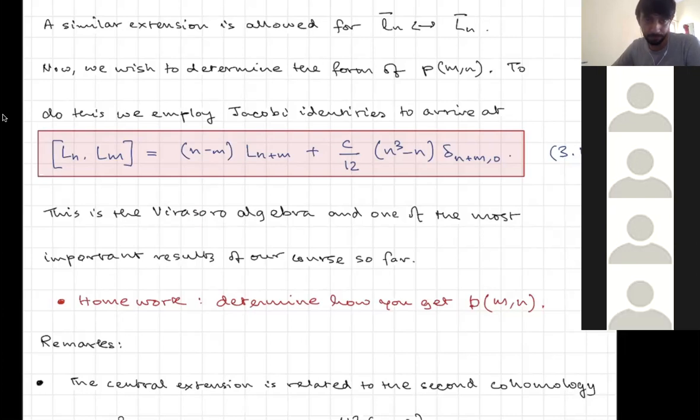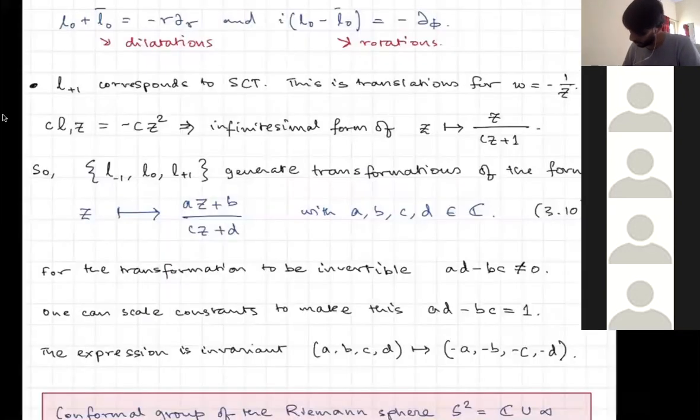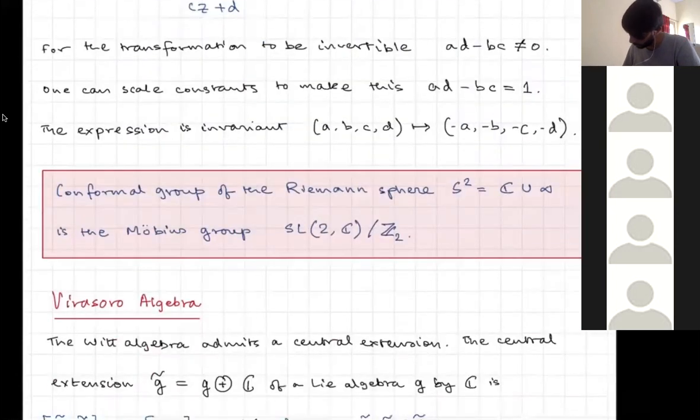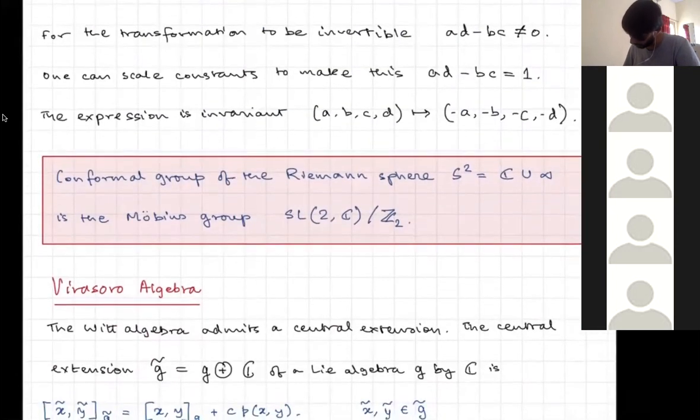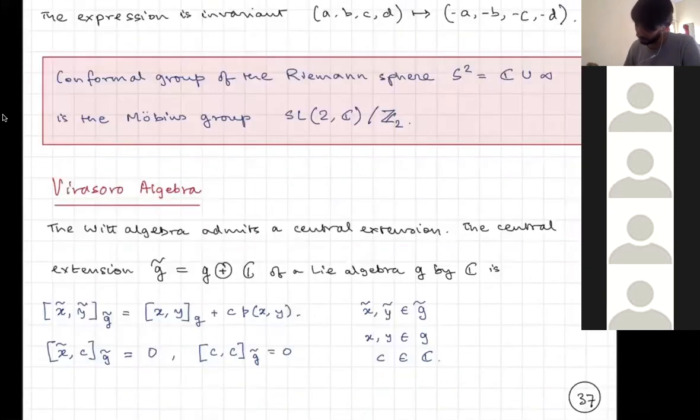Just one thing. When you were writing the direct sum, that was a direct sum of vector spaces, right? The direct sum of Witt and Virasoro algebra definition.